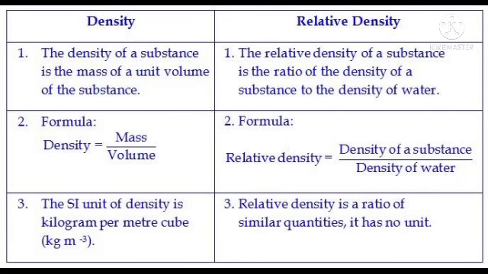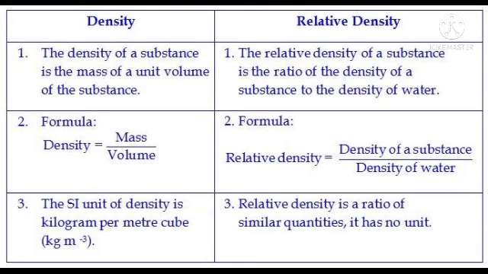And iron. So we can easily find the relative density by using the formula, the density of the substance. For example, to find the relative density of kerosene, the density of kerosene is 800, and it should be divided by the density of water.